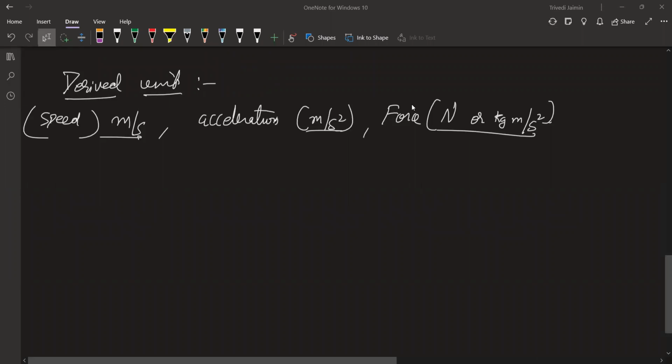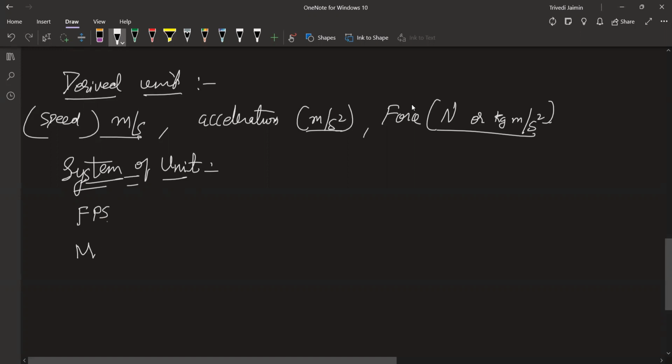Okay, so system of units. In that we actually have 3 systems. European countries were using FPS, foot, pound, second, and other countries were using MKS.